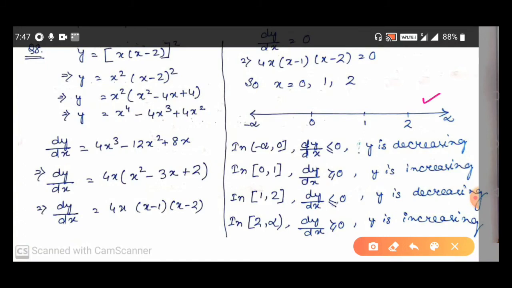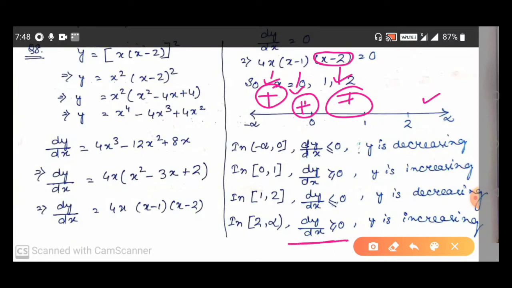Again in the interval 2 to infinity, x will be positive because all are positive values. X minus 1 is positive because the values of x are greater than 2, and here also it will be positive because the values of x are greater than 2. Positive into positive will be positive, so dy by dx is greater than or equal to 0, so y is increasing.